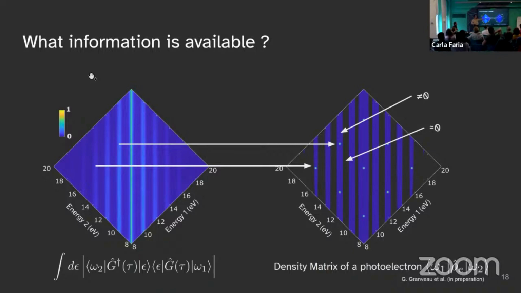So if we measure the spectrogram generated with this density matrix, we could reconstruct it, because all of the information will be encoded in the spectrogram. If this part was black, we could not retrieve information about this part, so we would not be able to reconstruct the density matrix.